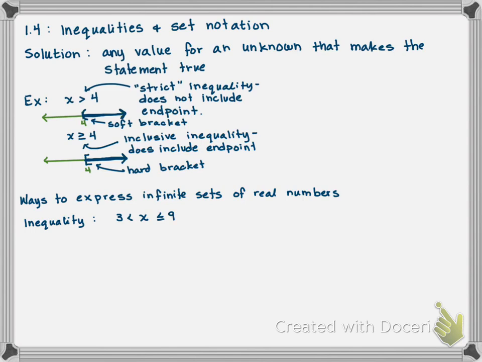Anytime you have what we call a compound inequality, where the variable shows up once and then there's an inequality on either side of it, the inequality symbols always have to be pointing the same direction. This is really 2 inequalities. It says that x is greater than 3, and then it also says that x is less than or equal to 9. But when that variable's in the middle, it literally means x is between 3 and 9, just like it looks like. So then we can graph this.